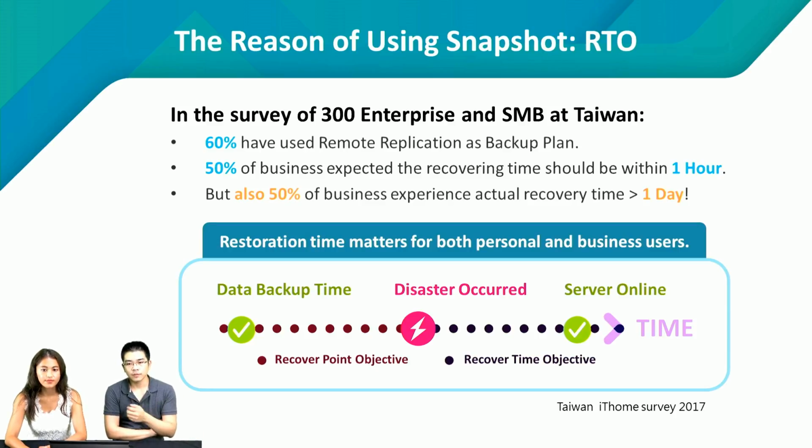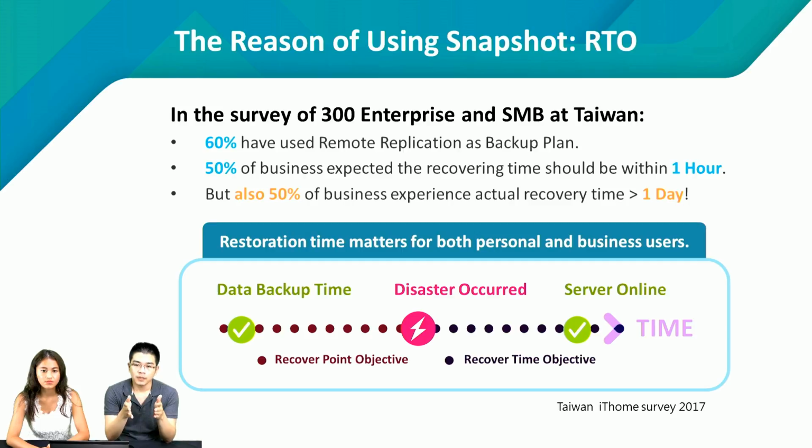Let's check the picture above, down below there. The middle red part is the time your disaster occurred, and the RTO is the recovery time objective. Basically, RTO is how long it takes you to recover your system back to work after your disaster occurred. So the shorter the RTO is, the better the enterprise wants.